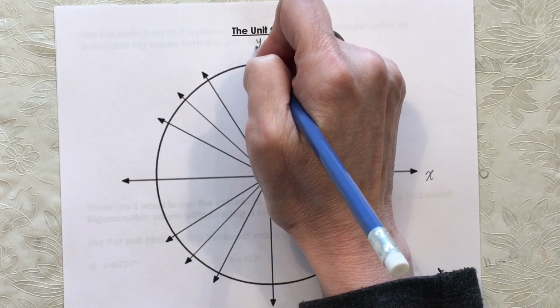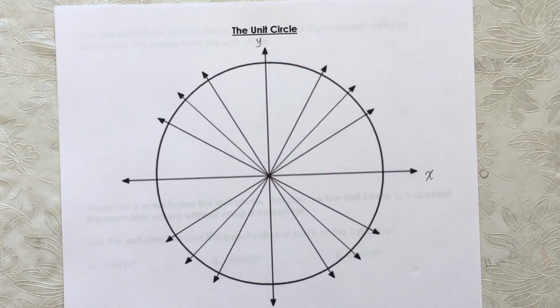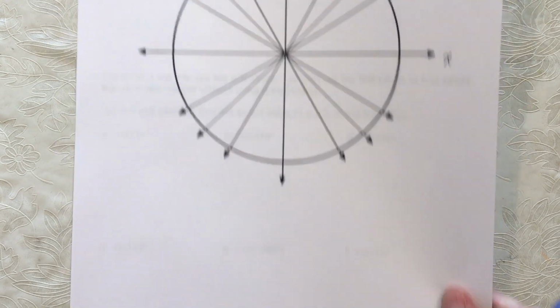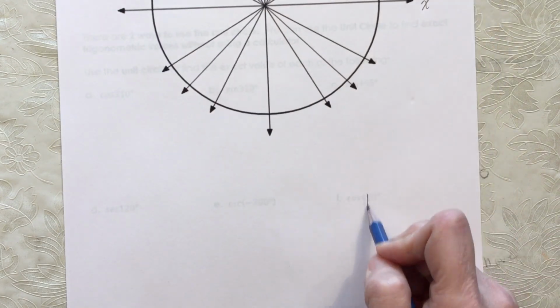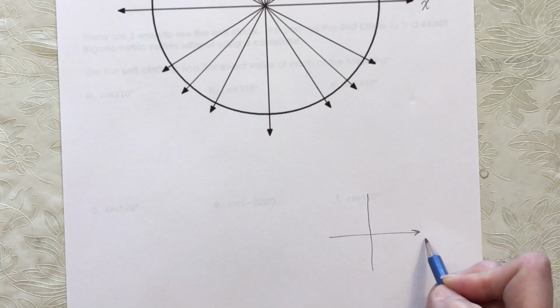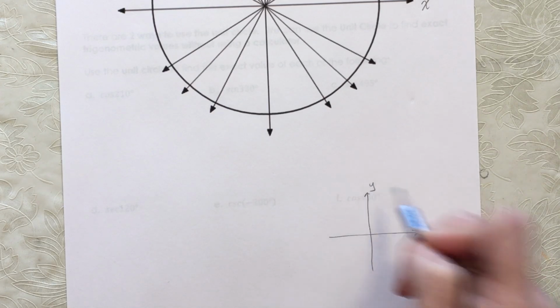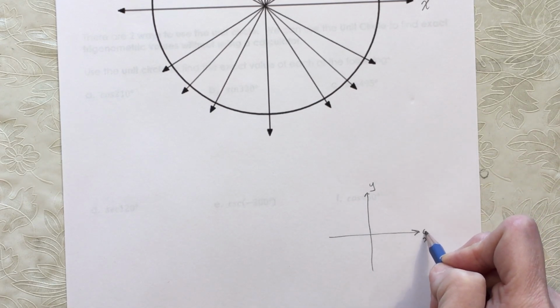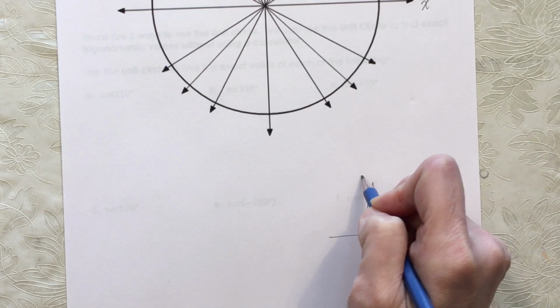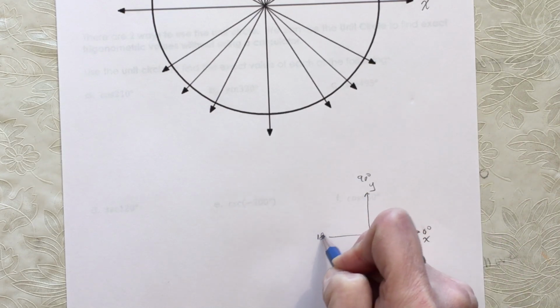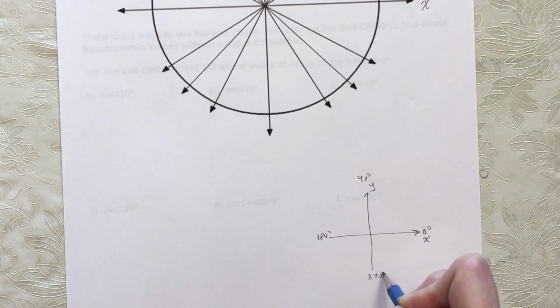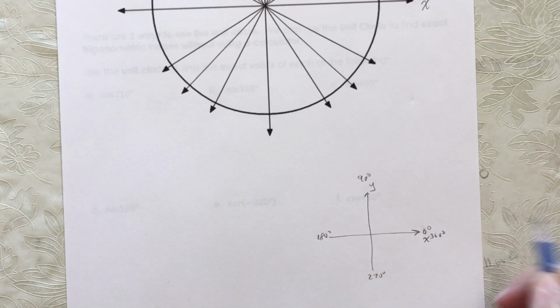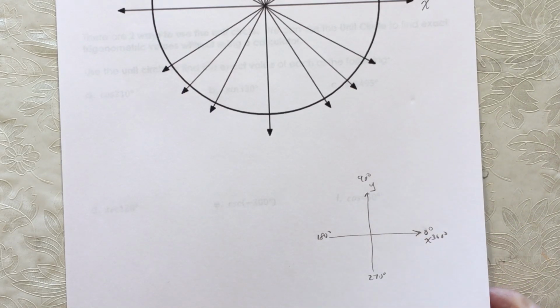So rather than starting with the 60-degree, what I'm going back to here is angles and quadrants. And what we're going to label then is 0 degrees, 90 degrees, 180 degrees, 270, and back to 360. Okay, so we're going to start off labeling those angles.